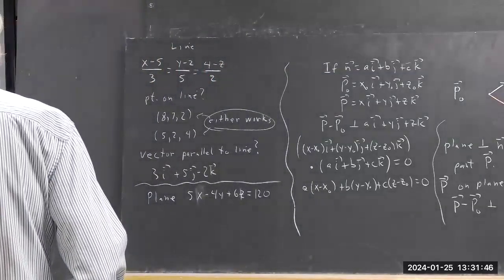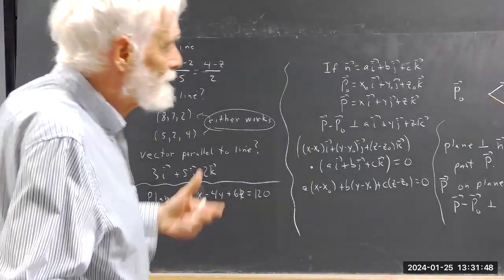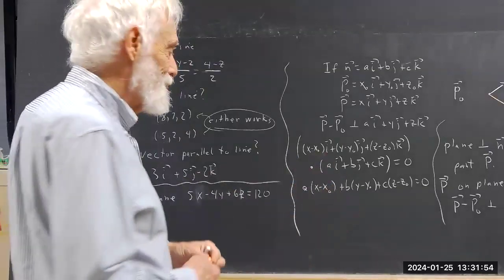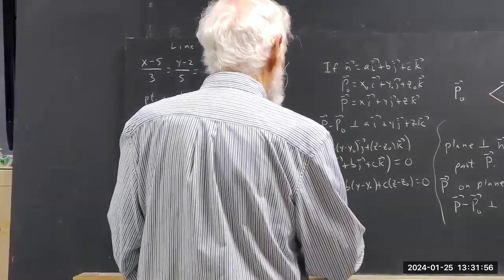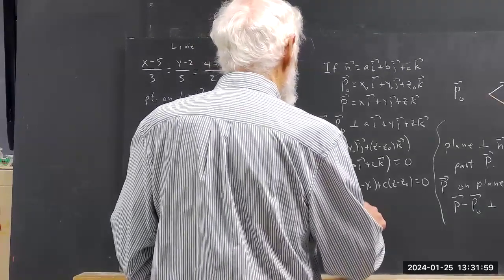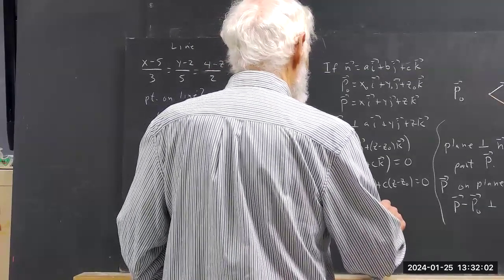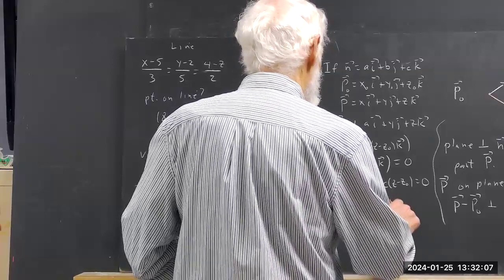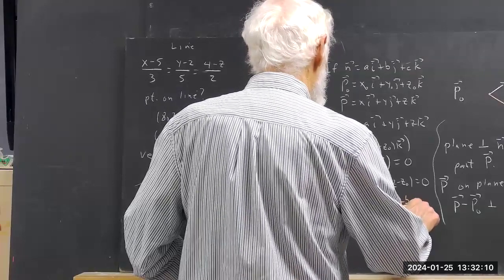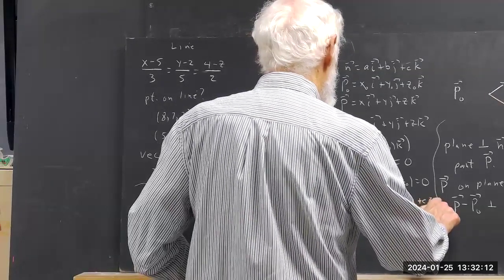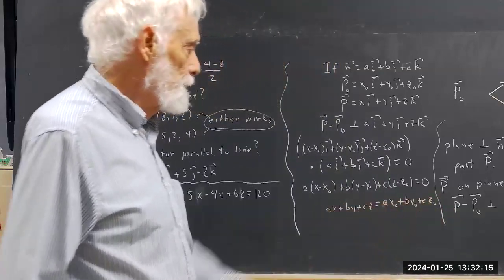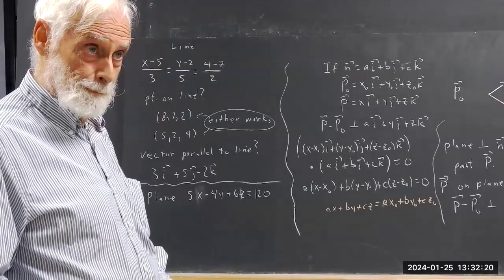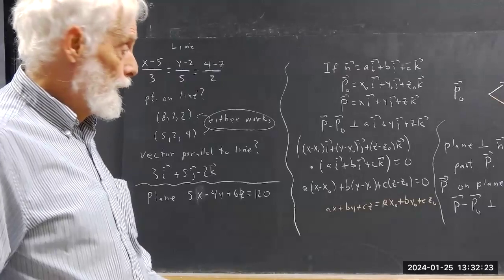Now we could have expanded this. I'll even write that out because everybody's doing so well, we're ahead of the curve here. We have time to mess around. You won't always use this, but you get Ax plus By plus Cz equals Ax naught plus By naught plus Cz naught. And this is just a number.